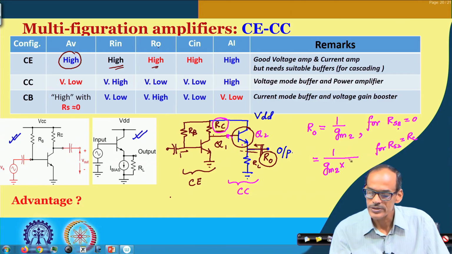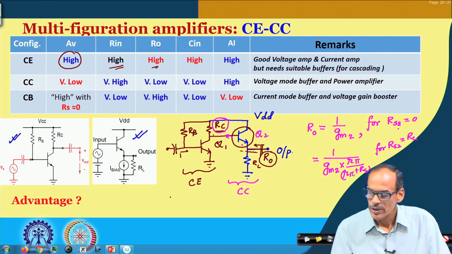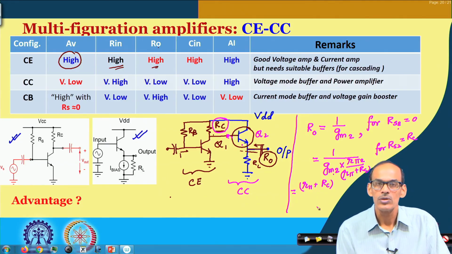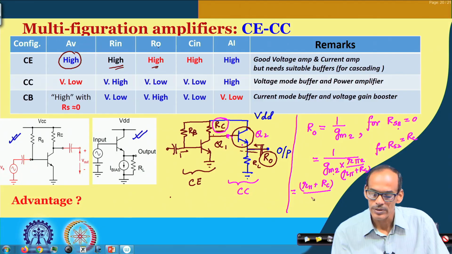what we have here is R pi divided by R pi plus Rc. In fact, you can further simplify this expression, which is R pi plus Rc divided by Gm2 multiplied by R pi 2, which is beta of the transistor, beta 2.